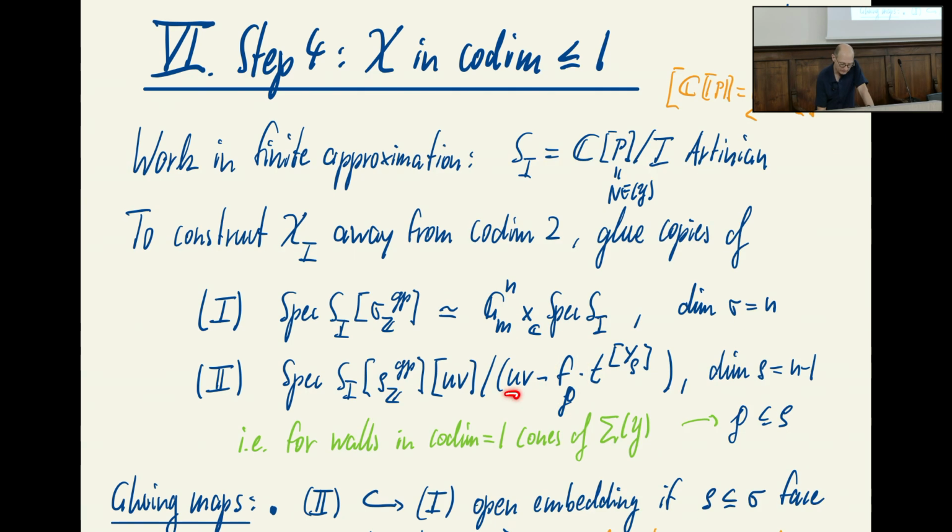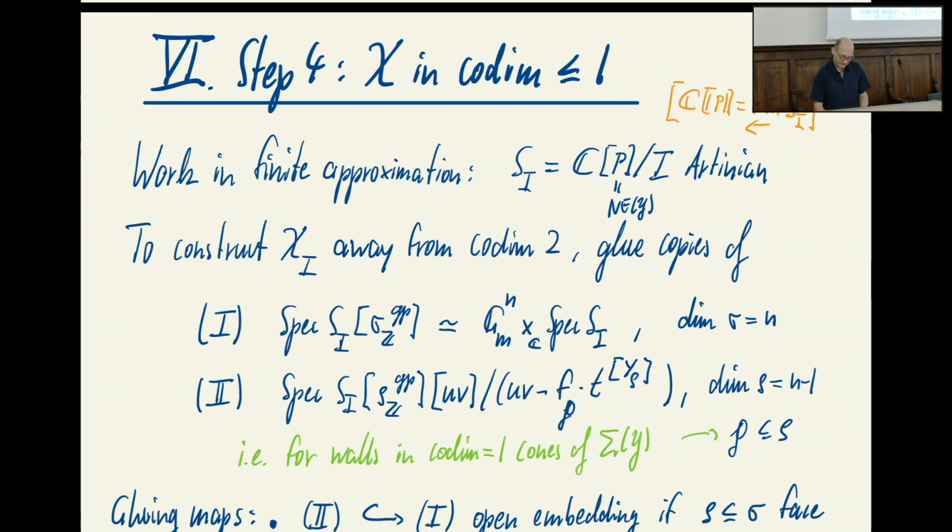So the equation is uv equals fp times a power of t, and the t power is given by the curve class corresponding to the n-1 dimensional stratum you're talking about. Your wall lives in an n-1 dimensional cone that corresponds to a 1 stratum, isomorphic to a P1, that has a curve class, that's what I put here. And then I get this ring.